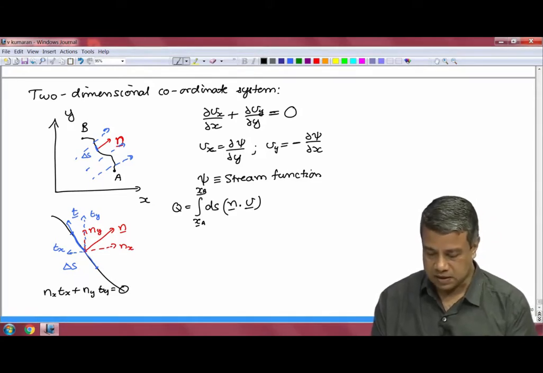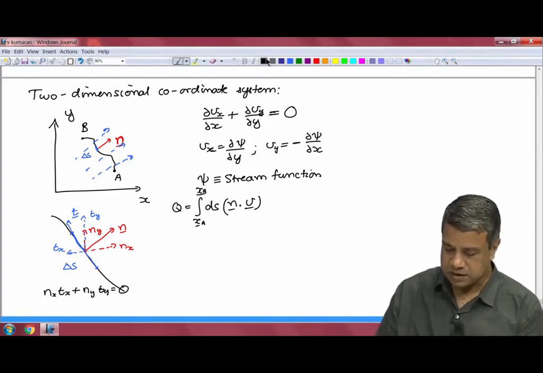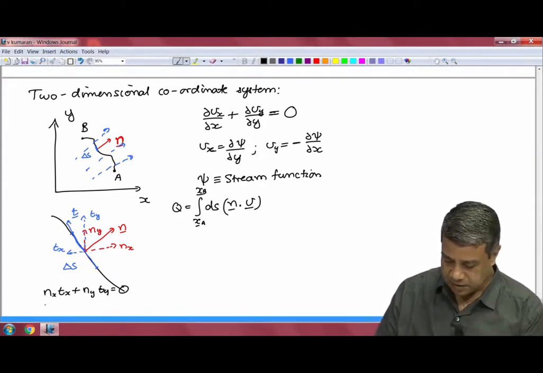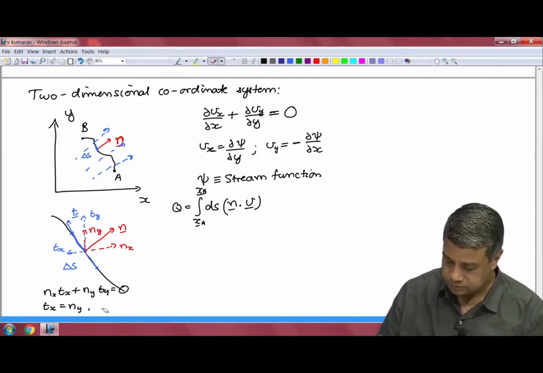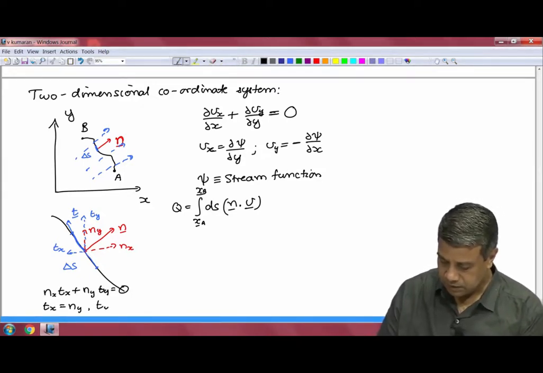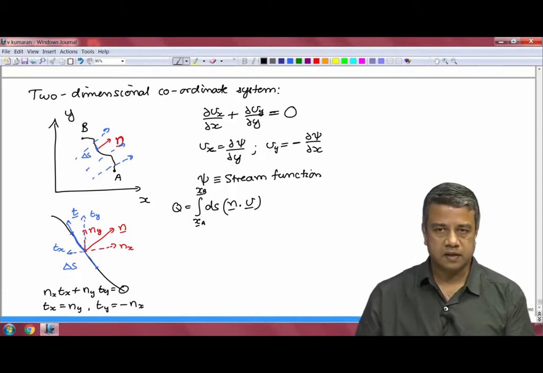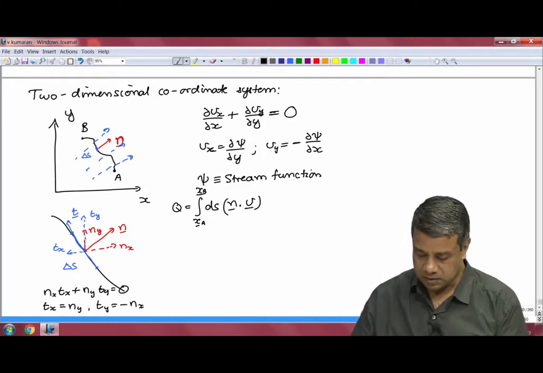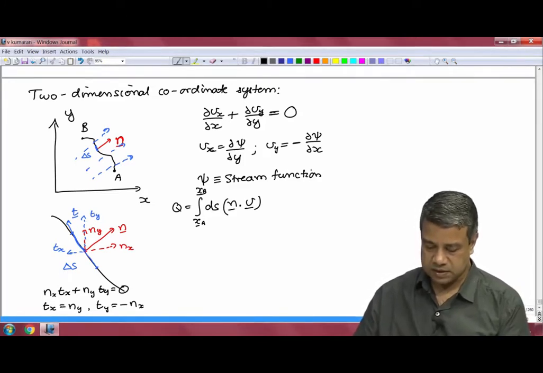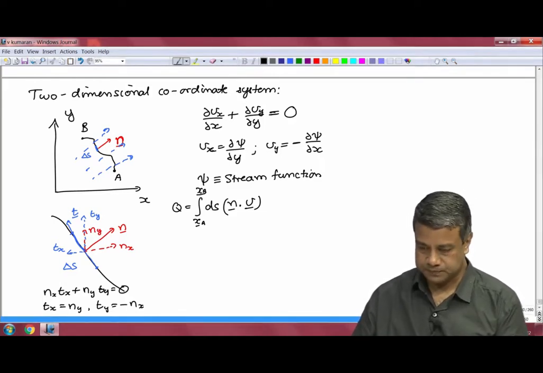And you can easily see for that reason, as well as from this geometric construction, that the components satisfy tx is equal to ny, ty is equal to minus nx. This way both of them are unit vectors, and the product tx nx plus ty ny will turn out to be 0, and therefore, they are perpendicular to each other.